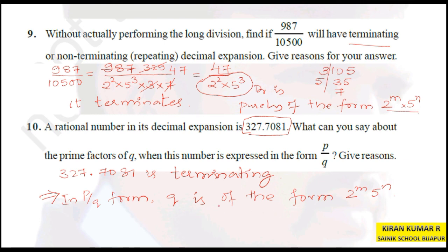Therefore, we can say that this particular prime factor will be the product of 2's and 5's.